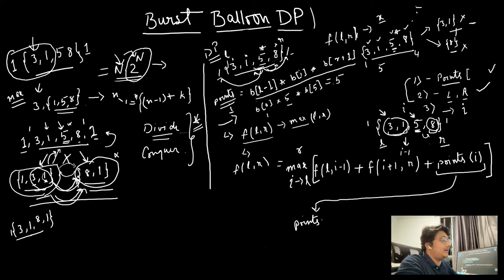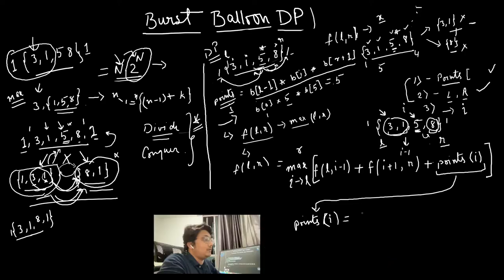Points of I will be calculated as whatever was the L value, so B of L minus 1 multiplied by B of I multiplied by B of R plus 1. So this is how we will be calculating points.